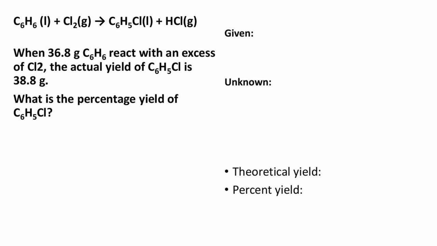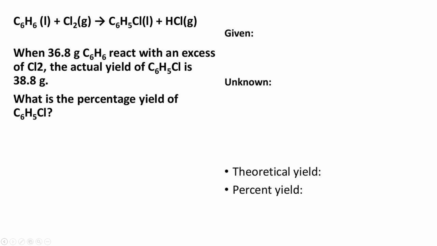So let's look at a problem for this. One of the things that I'm really trying to get y'all to focus on is seeing the difference in the way they ask the question as to what they're looking for. In this one, they give us the chemical reaction between C6H6 and chlorine, and then it produces C6H5Cl and HCl.